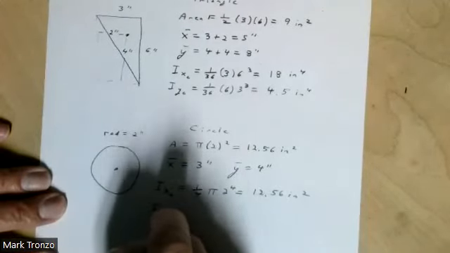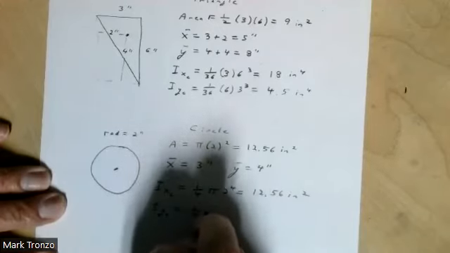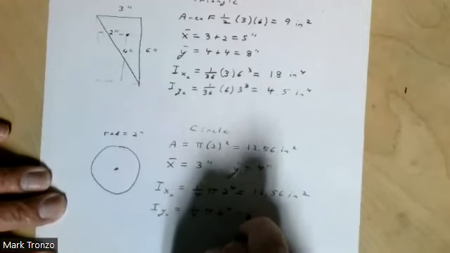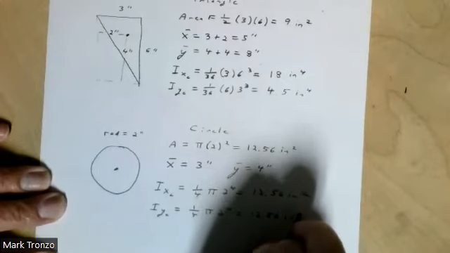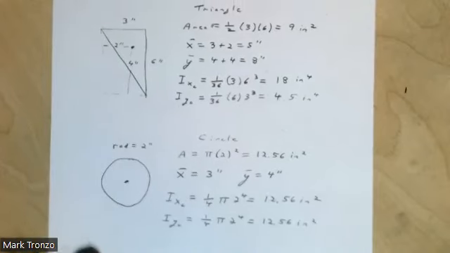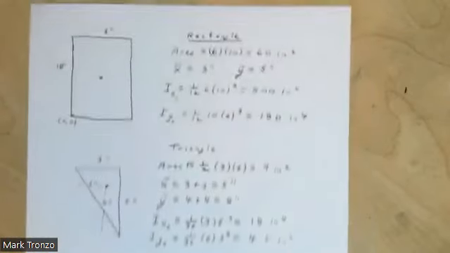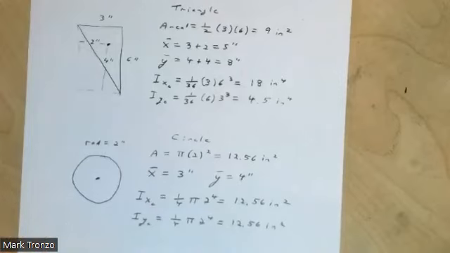And also I_Y is 1/4 pi to the 4th, 12.56 inches squared. So now we have all the information that we need, and now we can do some calculations with this.